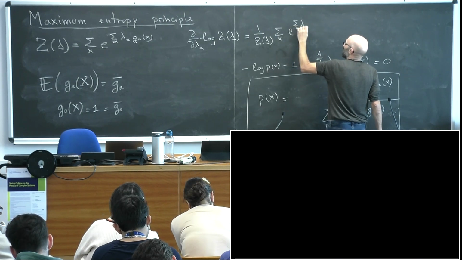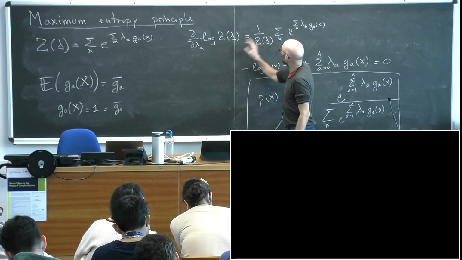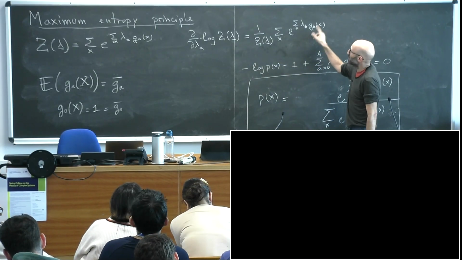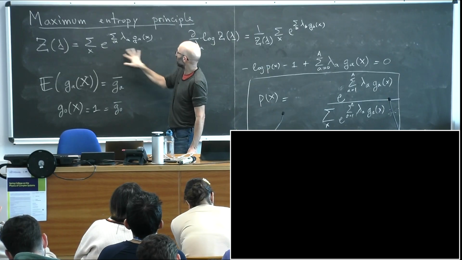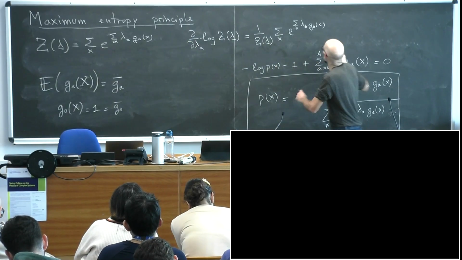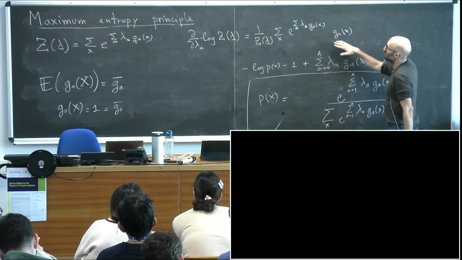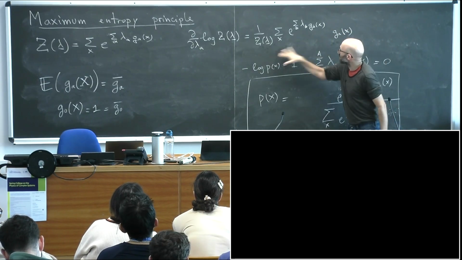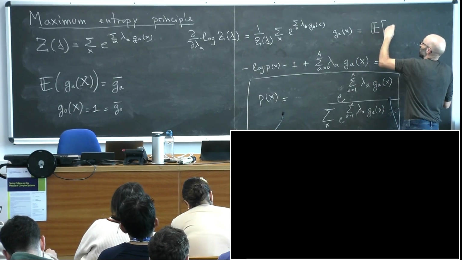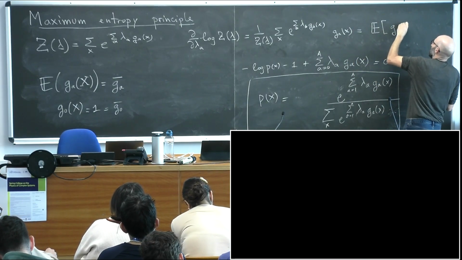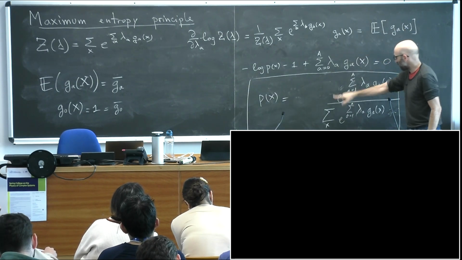When I take the derivative of the log, I have 1 over Z times the derivative of Z, which is the sum over x of this times the derivative of the exponent. So I get just g_a of x. And this is exactly the expectation of g_a with respect to the probability distribution, right?